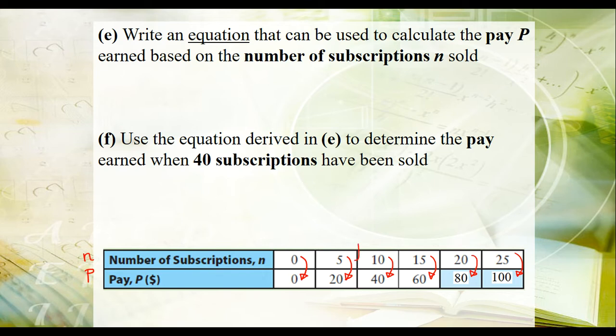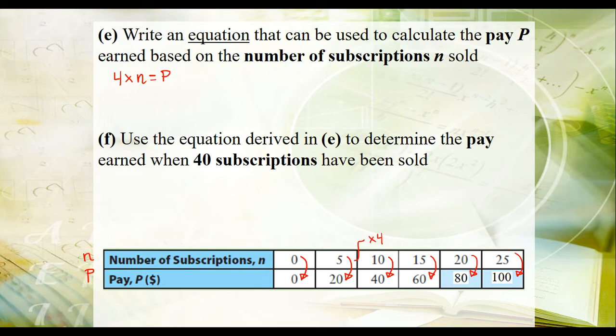Well, if you answer this correctly, it would be multiplication by 4. 5 times 4 is 20, 10 times 4 is 40, 15 times 4 is 60, 20 times 4 is 80, and 25 times 4 is going to be 100. Therefore, the way I'd write this out is you take 4 and you multiply by the number of subscriptions, this would be equal to the pay.